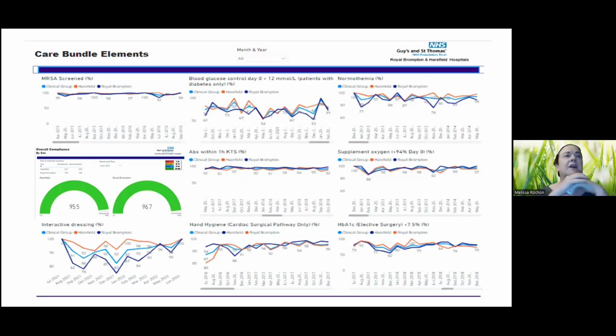So care bundles are interesting because I think it's around 35 to 55% of surgical site infections are believed to be preventable. And what you can do is implement things like checklists or individual practices, or you can bundle them together so that the elements have a cumulative effect on reducing risk.